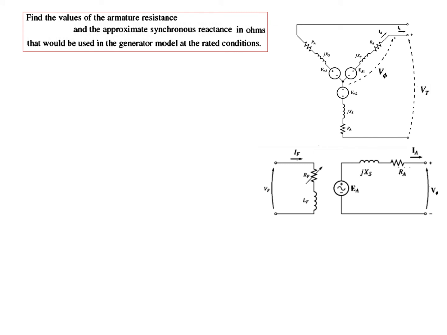Okay, so we found the armature resistance. Now we need to find the reactance. This is the three-phase circuit, and this is its single-phase equivalent. We know that the impedance is given by voltage over current, so the generated voltage, this voltage here, divided by armature current.